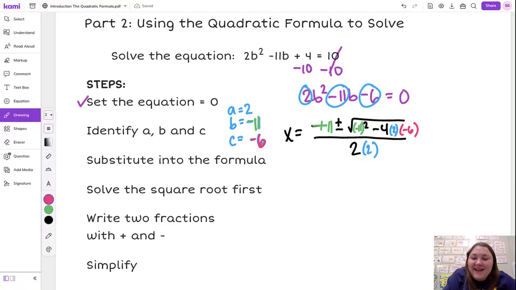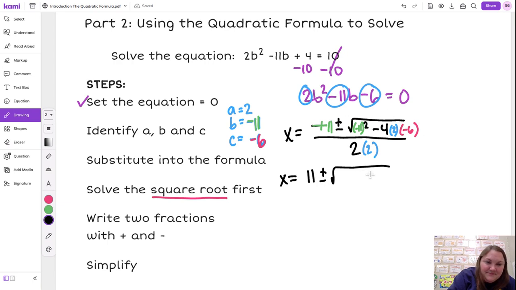And so my advice is always start with the square root part. So I'm going to just copy down that x equals, we have a positive 11 now, the plus or minus sign, and I'm really just focusing on the square root part.